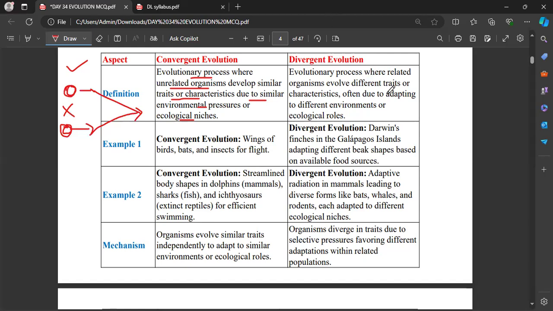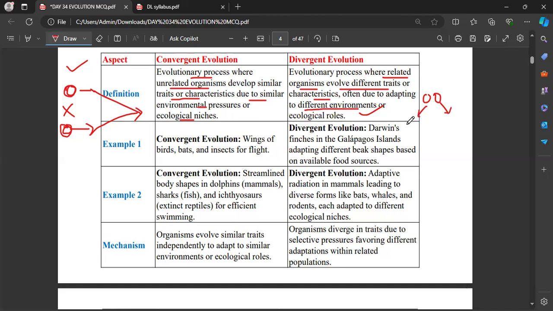But divergent evolution is, see, here, related organisms evolve different traits or characteristics, often due to adapting to different environments or ecological roles. See, here there will be related species. These two are related species, but they are adapting different characteristic features.